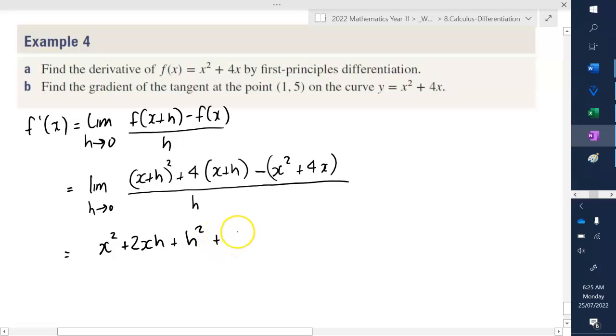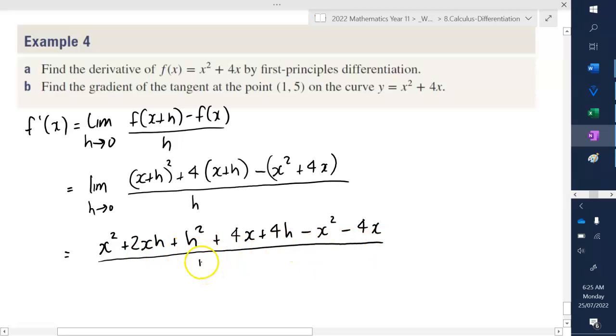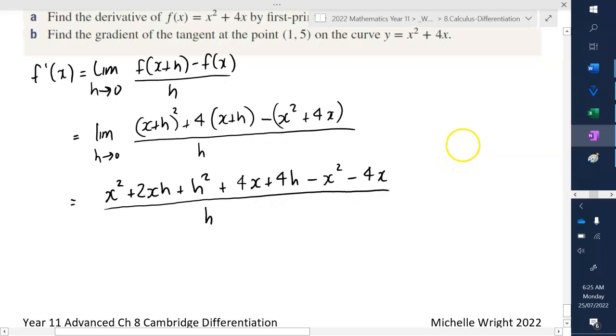Multiply by 4 in the second bracket. And then take that minus through both of those terms in that last bracket. So it is long, okay, and you're going to have to be really careful. We've got x's, xh's, h's, h squared, so it's a very long one here. We just need to work out carefully what we need and what we don't need.